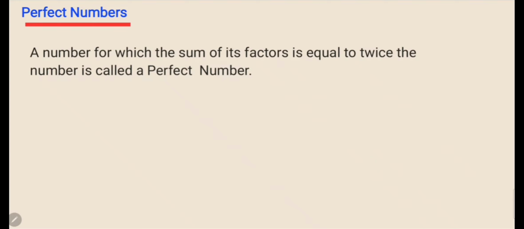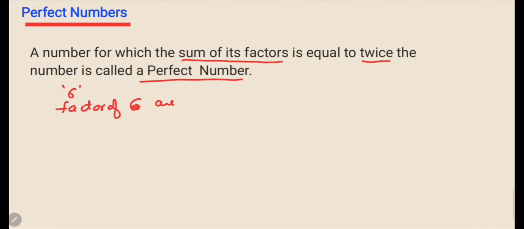Next, we have perfect numbers. A number for which the sum of its factors is equal to twice the number is called a perfect number. Let me explain this with an example. Let's take 6. Factors of 6 are 1, 2, 3 and 6.